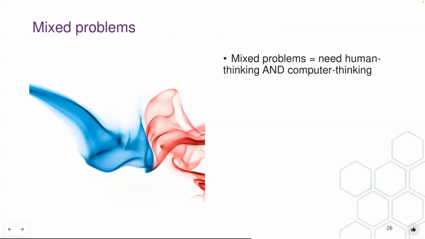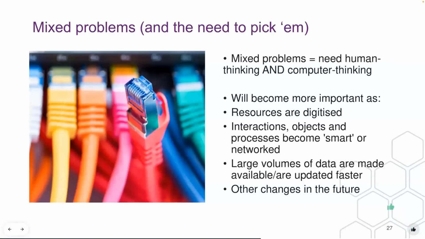And finally, what you're going to need is a problem that requires these CSS skills. And that's a mixed problem. So that's a problem that's going to require that blend of human thinking and computer thinking. So some of you may be here because you've already encountered one of these problems.